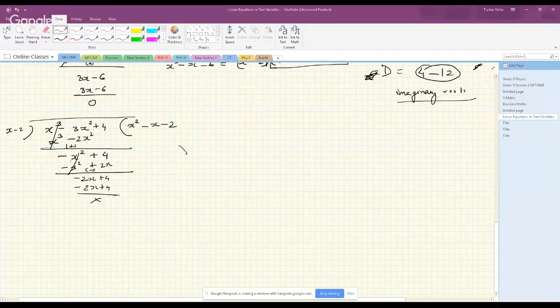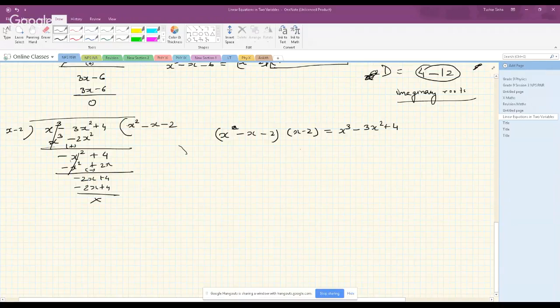So right, so hence my denominator x cube minus x square minus x minus 2 into x minus 2 is equal to x cube minus 3x square plus 4.